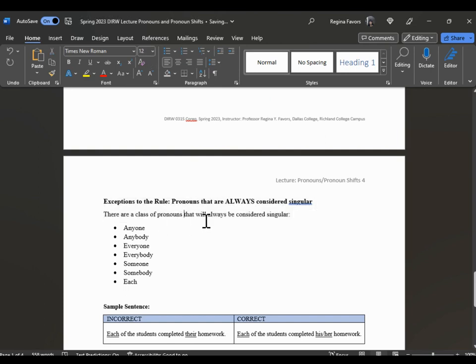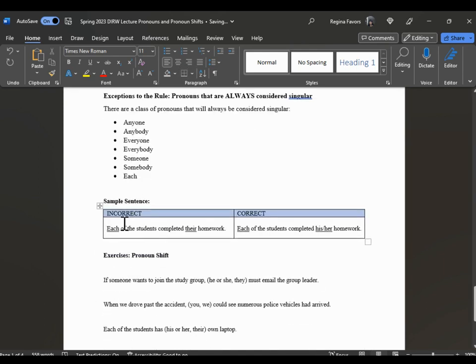But these are a class of pronouns that will always be considered singular. So therefore, you create a singular verb for them, and you make sure that the corresponding pronoun is singular as well. So let's look at a sample sentence.